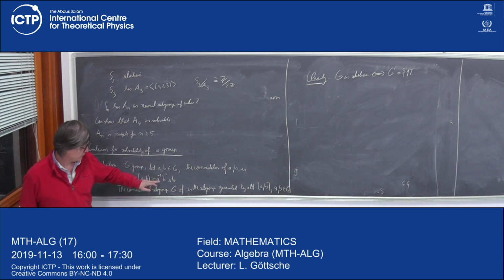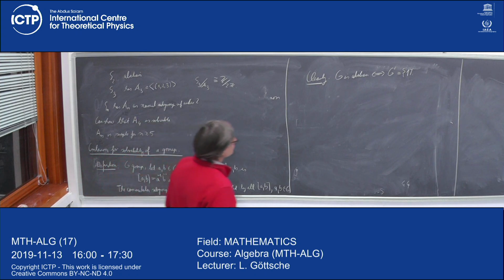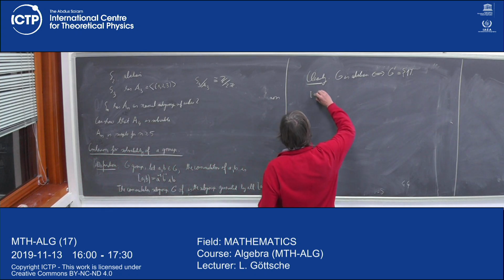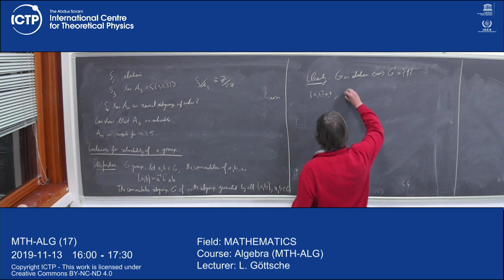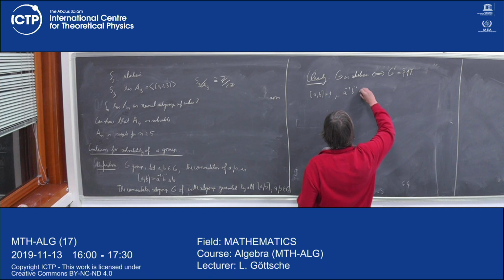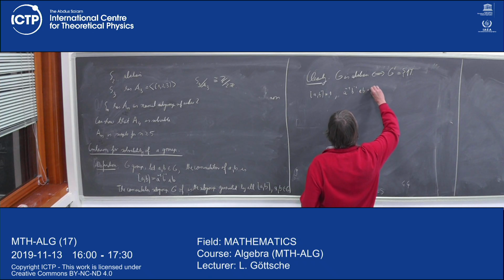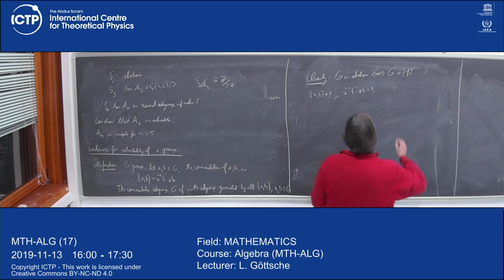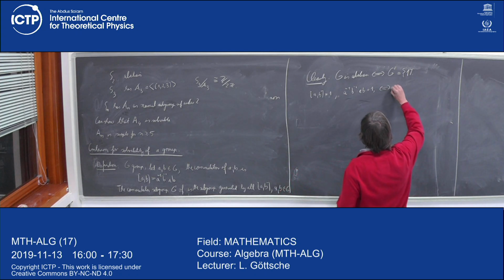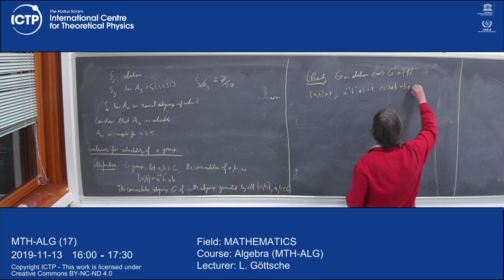If this is 1, you can bring it to the other side: a^-1 b^-1 a b = 1, and we can now multiply on both sides, which is if and only if ab = ba.